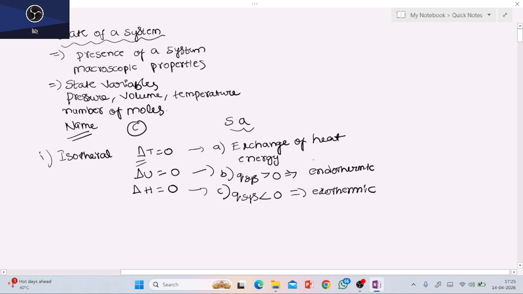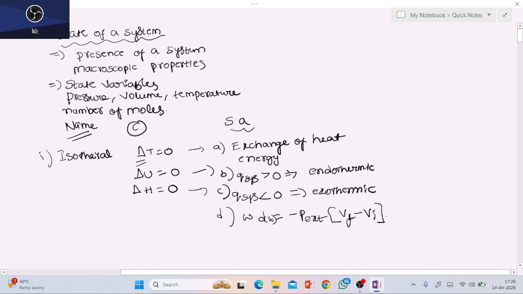Now, if you take the D option, work done is represented by W equal to minus P external, and if we take work done as V1 minus VI, or VF minus VI, and along with that, the process is irreversible.